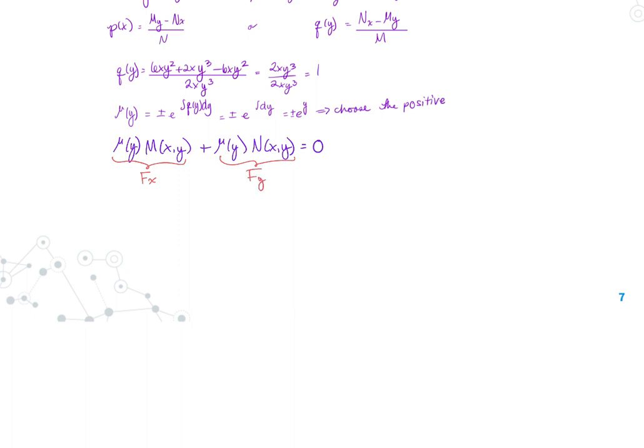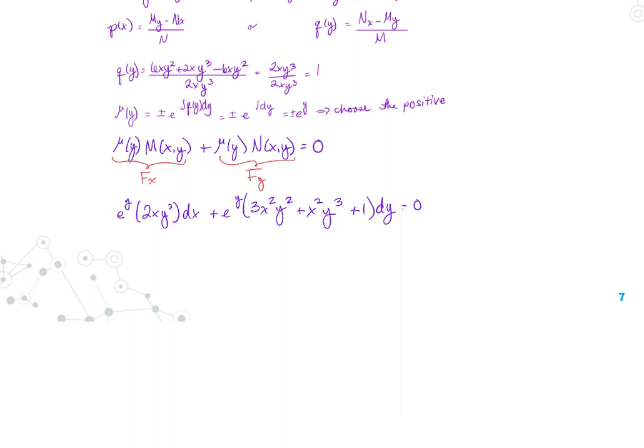So what we want to do is see, okay, what does this look like now? Well, I now have e to the y times 2xy cubed dx plus e to the y times 3x squared y squared plus x squared y cubed plus 1 dy, and it equals 0.